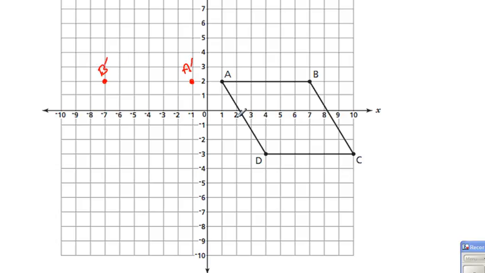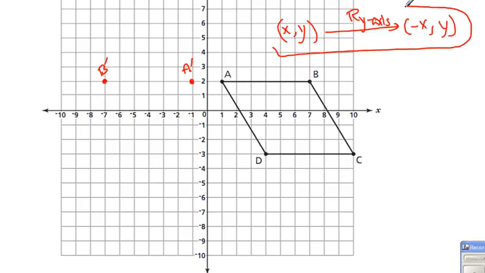Now, but if you want to use the rule, when you have x comma y being reflected by the y-axis, the rule is simply x being negated while y stays the same. You can also use this rule. If you had to do that, then d would have been, instead of having positive 4, we will have d at negative 4.